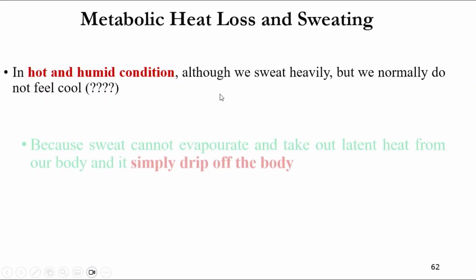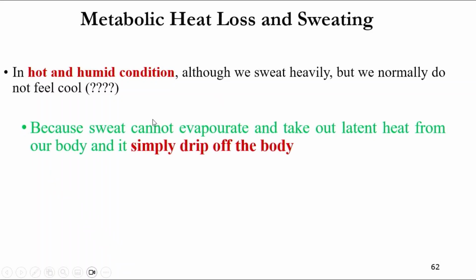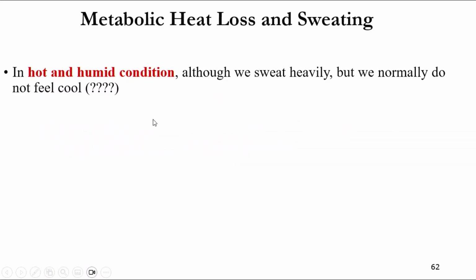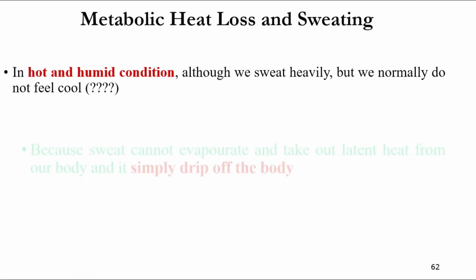So, in hot and humid climates we have to create a certain situation. Normal evaporation will not be there; forced evaporation has to be there, maybe by switching on a fan or something.